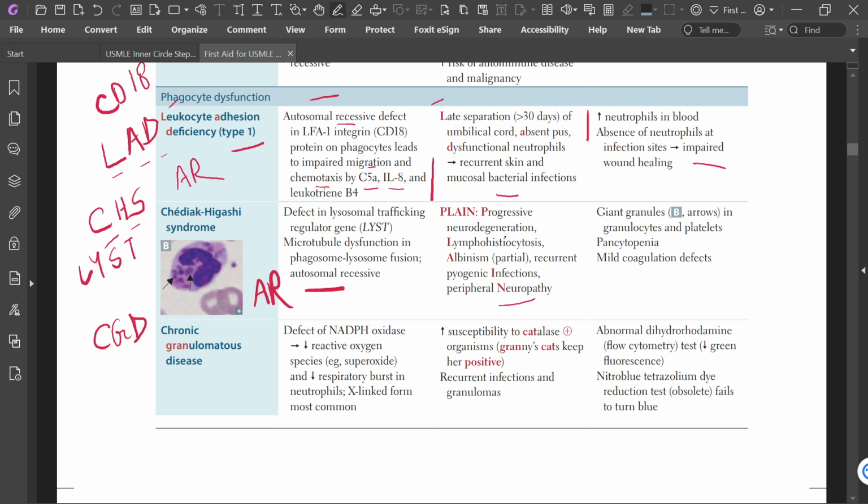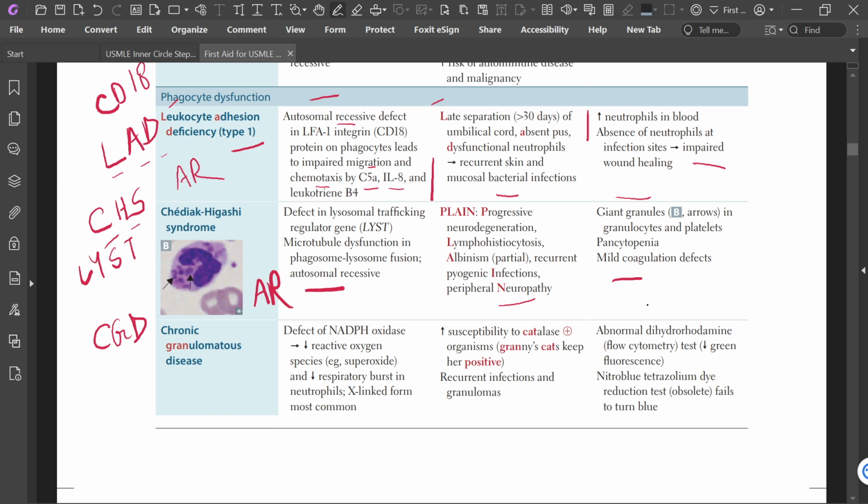These hemophagocytic lymphohistiocytes cause excessive macrophage activation, causing fever, splenomegaly, cytopenia, anemia, thrombocytopenia, hepatitis, and encephalopathy. We will find giant granules in the granulocytes and the platelets, and a mild coagulation defect.